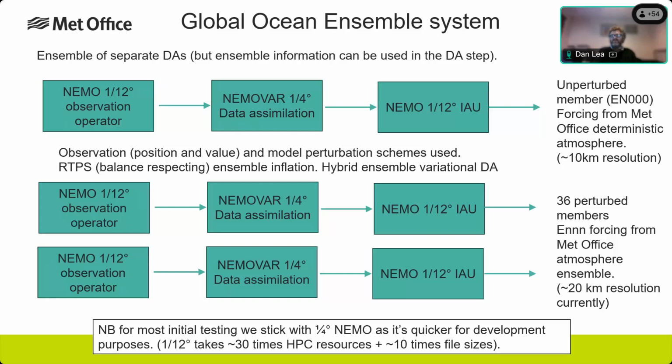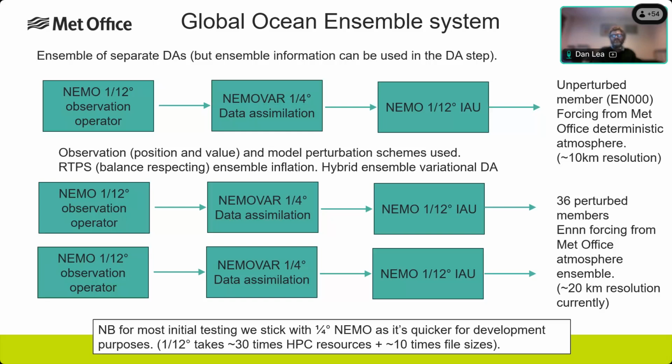Those increments are then applied to the 1/12 degree NEMO. We have 36 perturbed members with forcing from the Met Office atmosphere ensemble, so the ensemble is at 20 kilometer resolution. The deterministic, unperturbed member is at 10 kilometers.